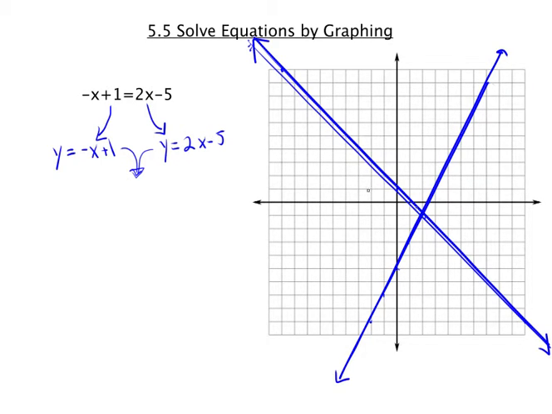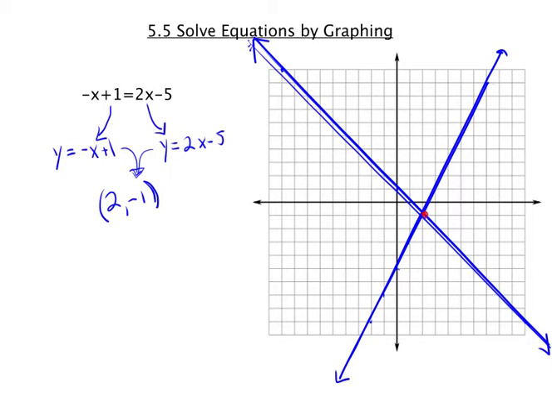And our point of intersection, that point of intersection is 2 comma negative 1. So that point of intersection would be our solution for a system, yes.